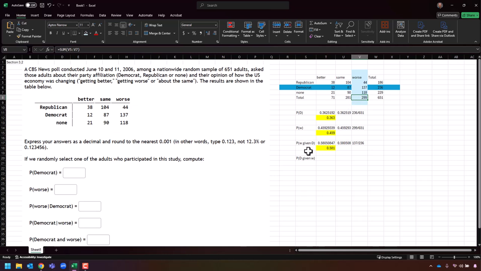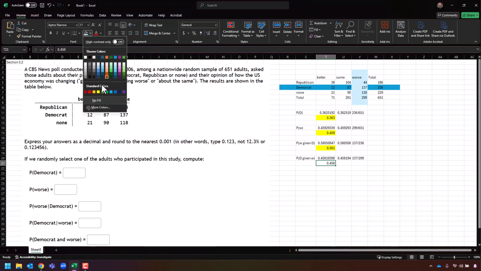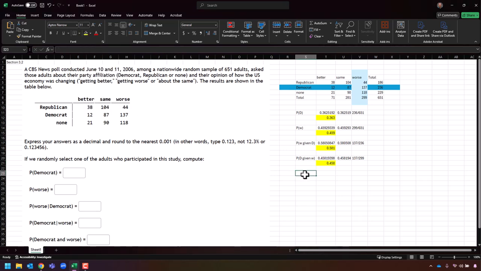So the Democrats out of here, 137 divided by 299, that intersection there. 137 divided by 299. Changing up the order here. And then 0.458 followed by a 1, so 0.458 works there for the answer.